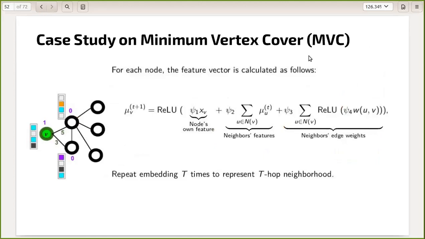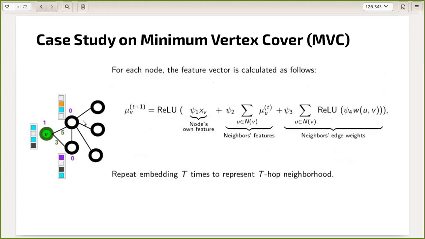So how can we use this encoding function, the embedding function, in the minimum vertex cover? What we propose here is that for each node, the feature vector is calculated using the node's own feature, the neighbor feature and the neighbor edge weight, and for each of them we can use the ReLU function.